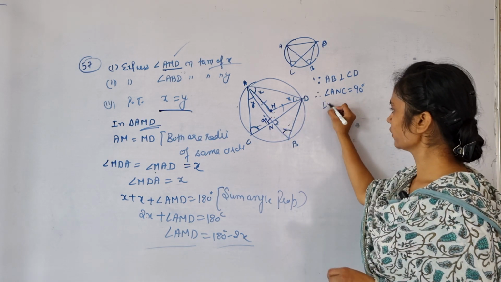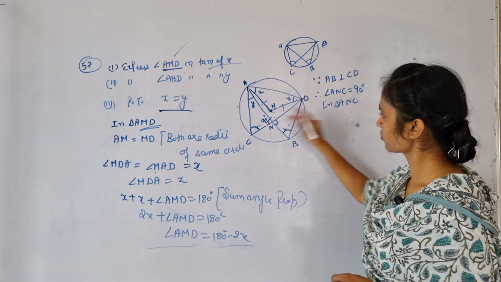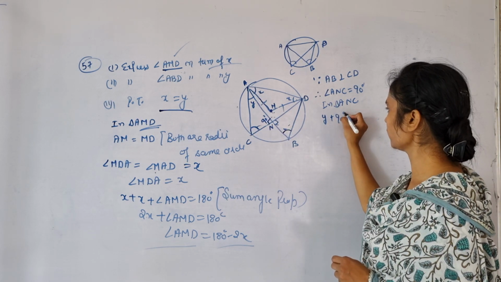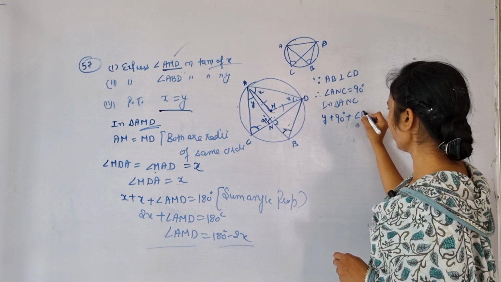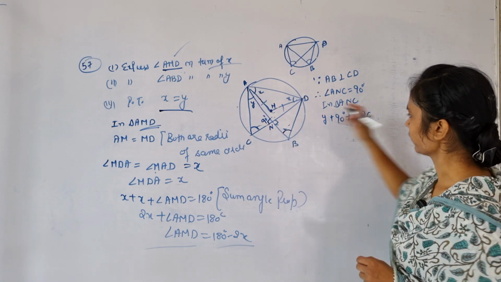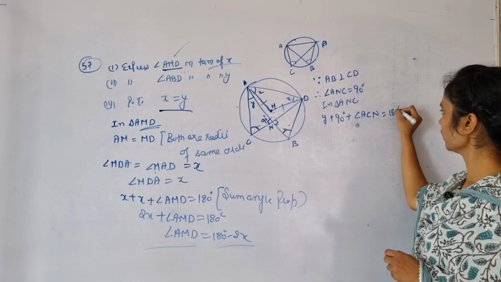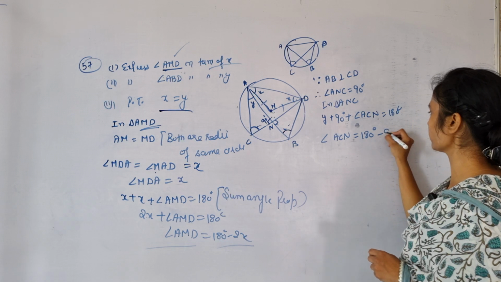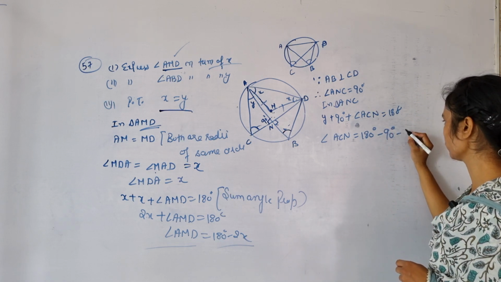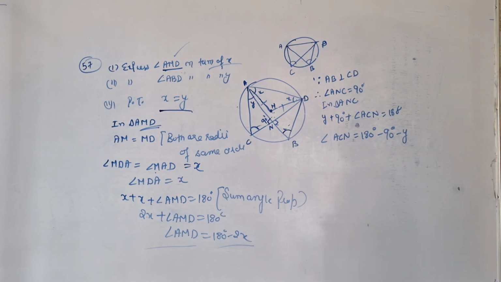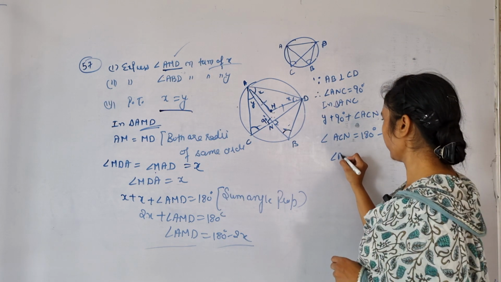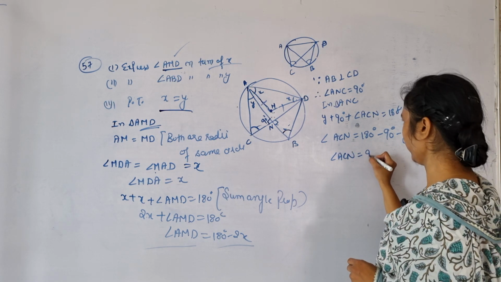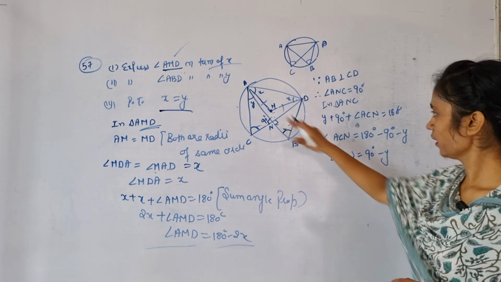So in triangle ANC, sum of angles of a triangle is 180 degrees. y plus 90 degrees plus angle ACN is equal to 180 degrees. Means angle ACN is equal to 180 degrees minus 90 degrees minus y. Means ACN is equal to 90 degrees minus y.